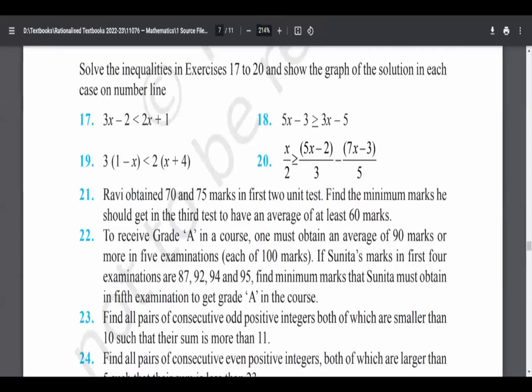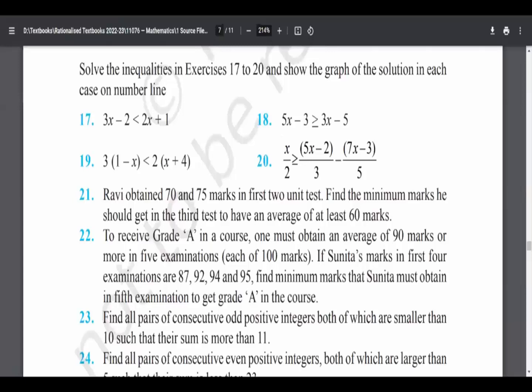Again, this question is similar. Take the LCM on the right hand side, keep the left hand side as it is, then cross multiply. So let me do it for you. LCM will be 15. So keep the left hand side as it is, x by 2. This is greater than or equal to, take the LCM, it will be 15.